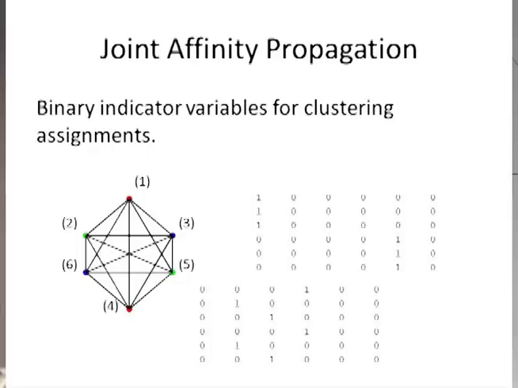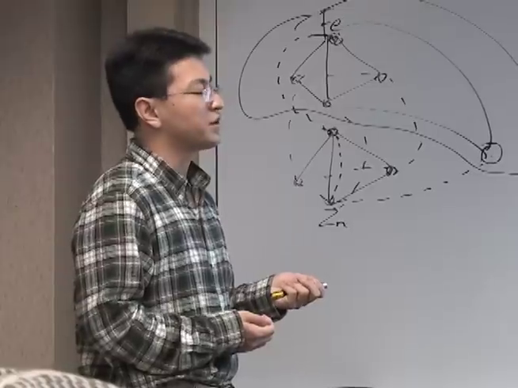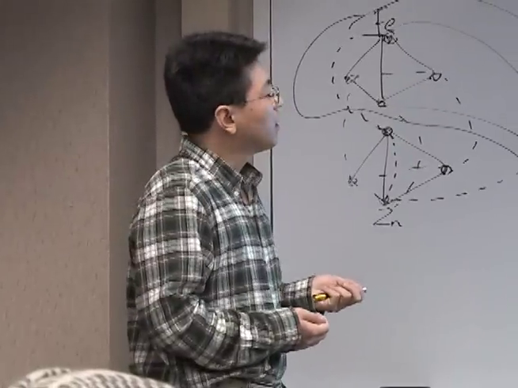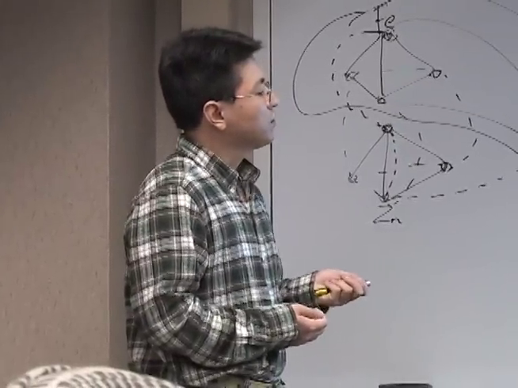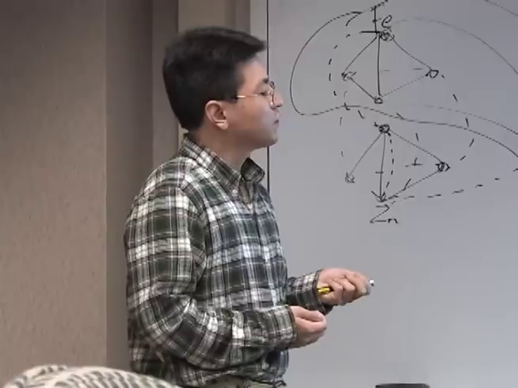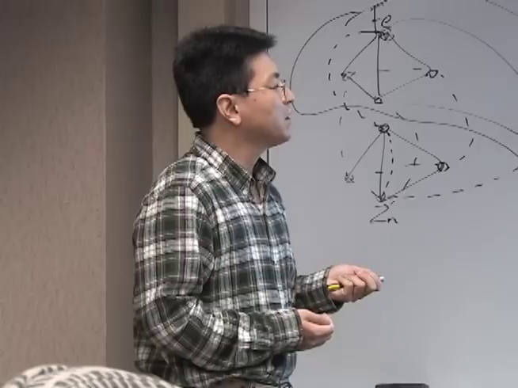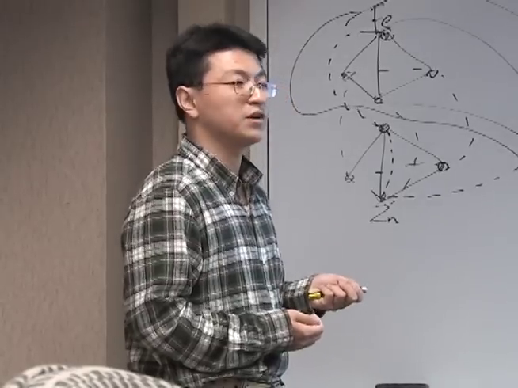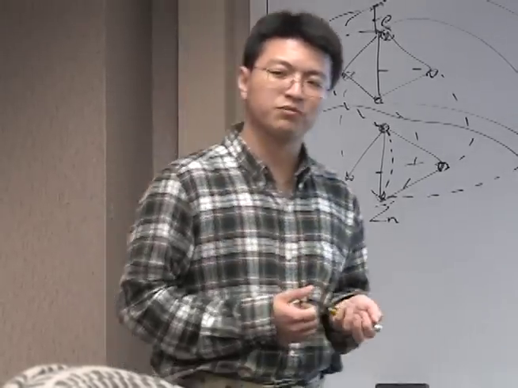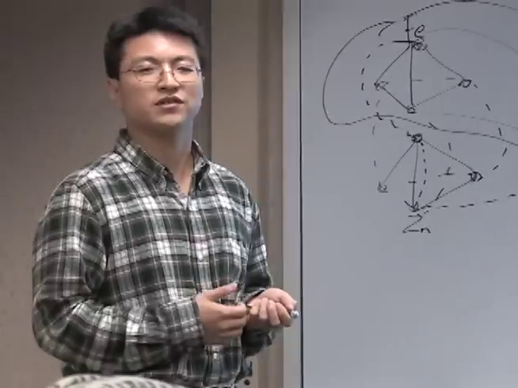If you look at each row, for example, this row means the first vertex prefers itself to be the exemplar. And the second node prefers the first node to be exemplar. So the ith row jth column means the ith object prefers the jth object to be its exemplar.